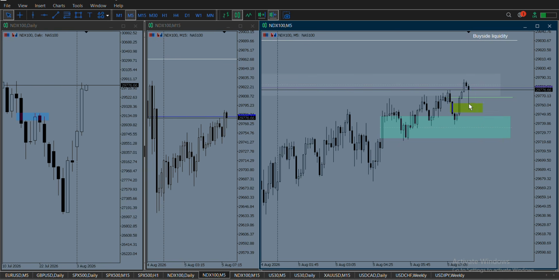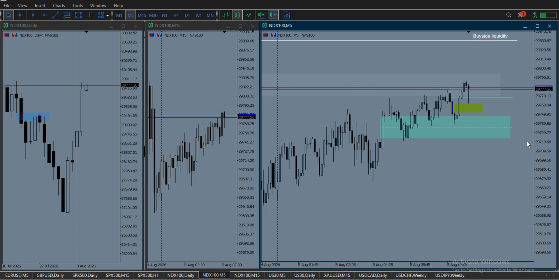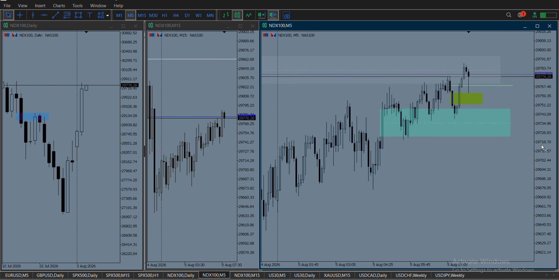So we've run lower and then come back up higher. So from 761, we come back higher to 776. So we've closed there. This is the new candlestick.